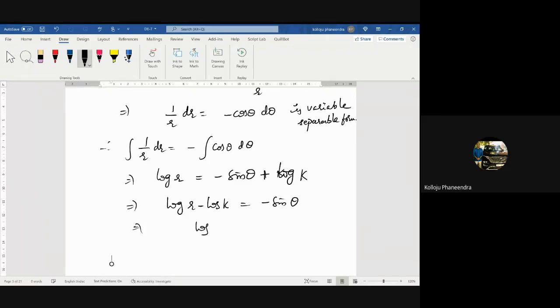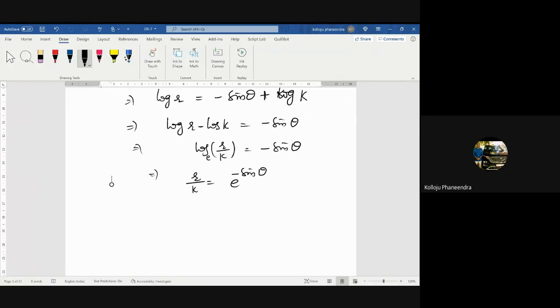That implies log r over k equal to minus sine theta, isn't it? The base is e, so r by k is nothing but e to the power of minus sine theta, isn't it? So r equals k into e to the power of minus sine theta.